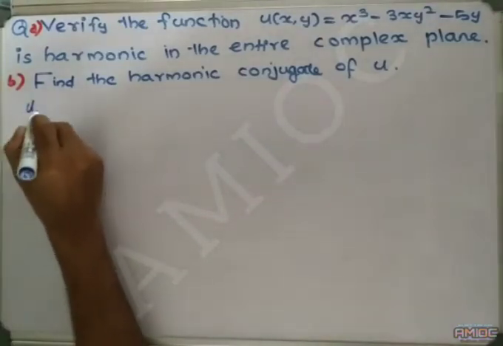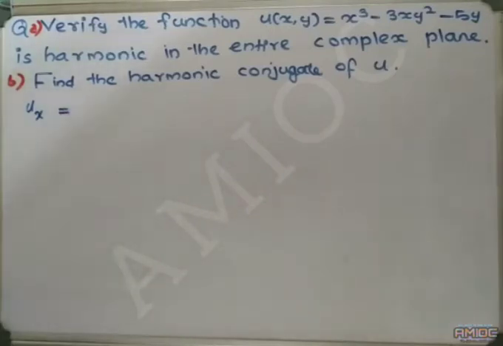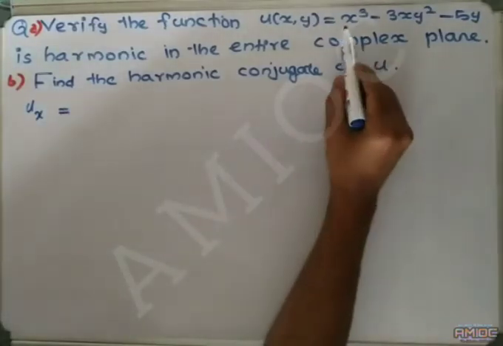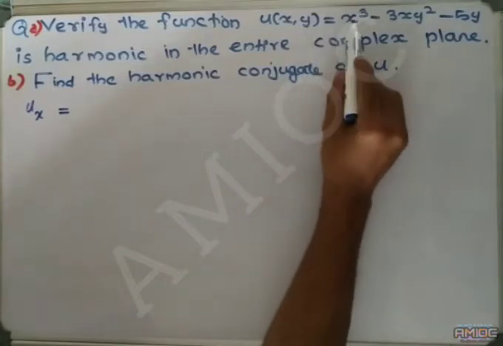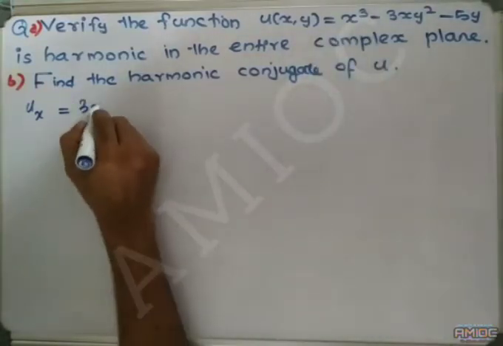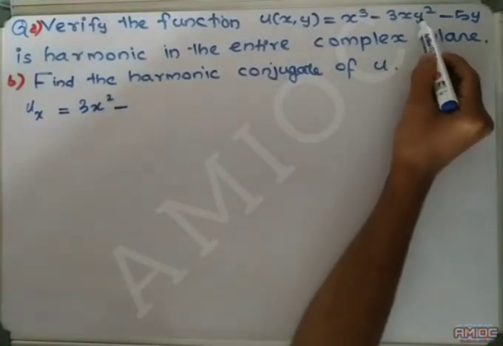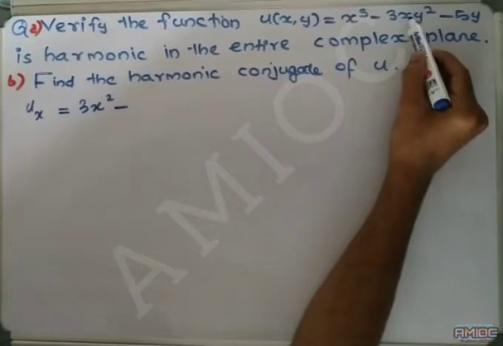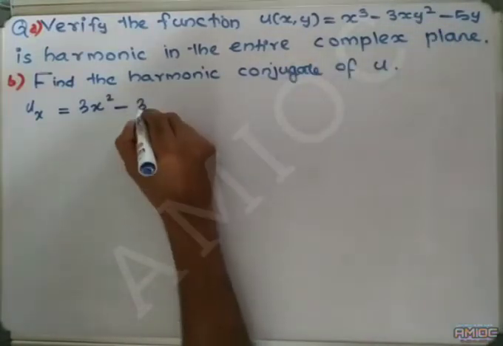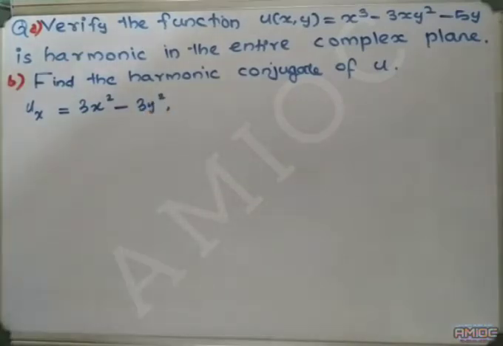First of all, we are evaluating ux. Ux equals, when partially differentiating with respect to x, the derivative of x cube is 3x square, minus, here y square is constant, so 3y square is constant and the derivative of x is 1, therefore 3x square minus 3y square.